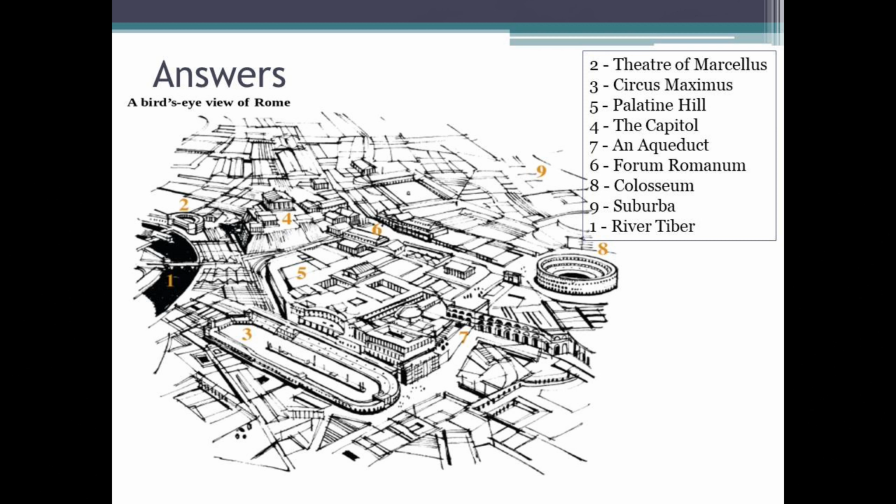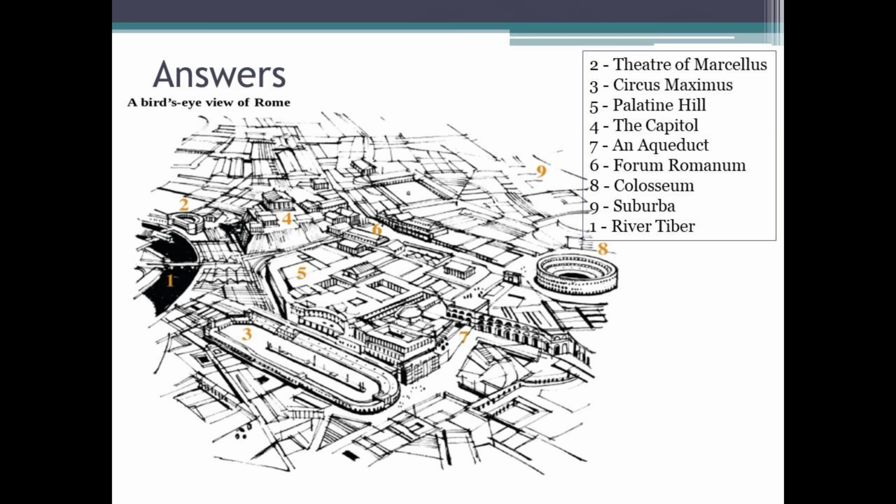So number 1 is the River Tiber, 2 is the Theatre of Marcellus, 3 is the Circus Maximus, which is used for chariot racing, 4 is the Capitol, with the Temple of Jupiter the Best and Greatest, 5 is the Palatine Hill, with the Emperor's Palace on it, 6 is the Forum Romanum, 7 is an aqueduct, and 8 is the Colosseum, also known as the Flavian Amphitheatre, and finally 9 is the Subura. So well done if you managed to match them all correctly.